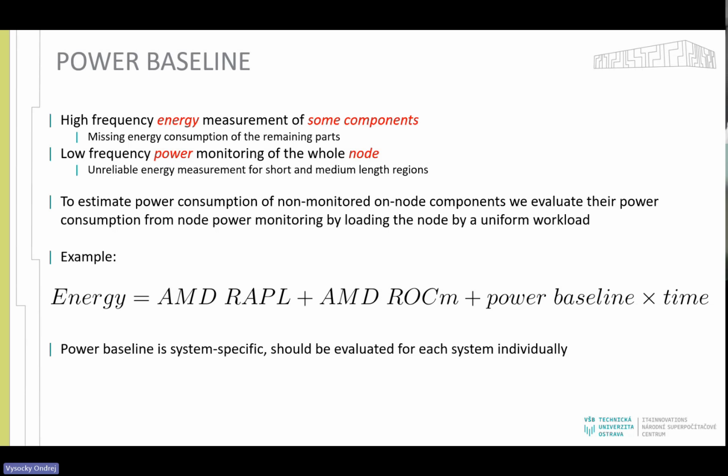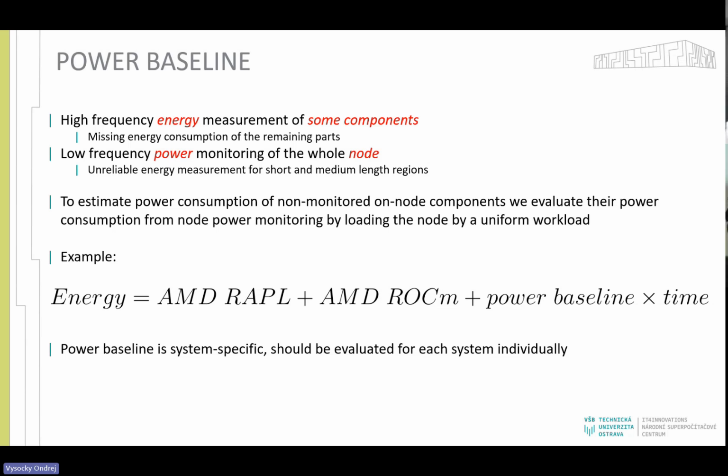So measure, let's say, what we can at the higher frequency: RAPL from the CPU, energy consumed from the performance counters, as well as GPUs, while we propose to evaluate the typical power consumption of the blade, which is not covered by the power monitoring we have for the on-node components.